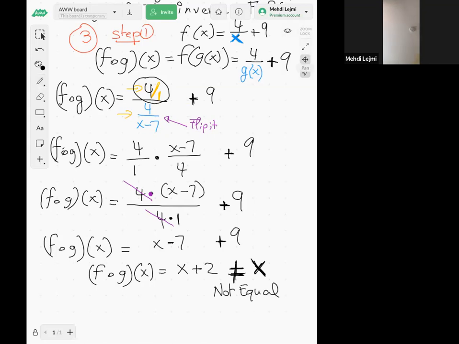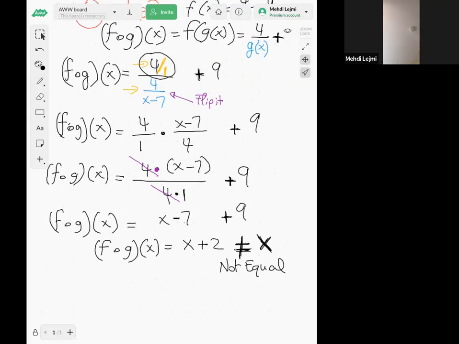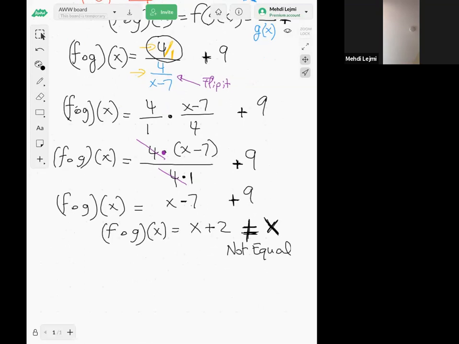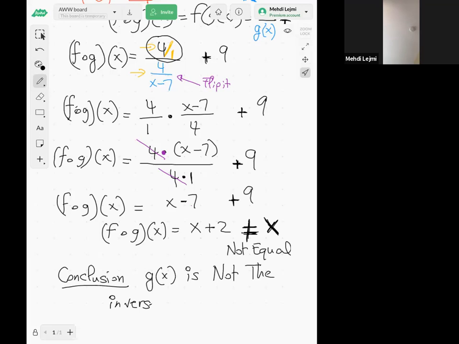And so you can just stop here. You don't need to do step number 2. So you can stop here and say, so final answer, g of x is not the inverse of f of x.